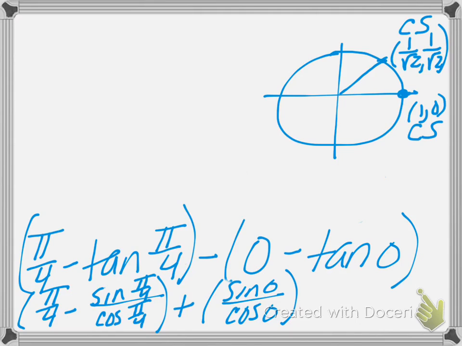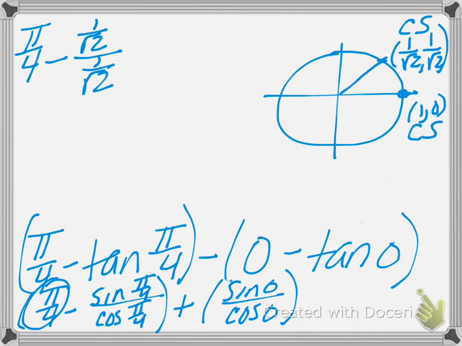Okay, and now we're just going to use our unit circle. We have pi over 4 minus, okay, sine of pi over 4 is 1 over radical 2 over cosine of pi over 4 is also 1 over radical 2, plus, now I'm going to do this thing, sine of 0 is 0, cosine of 0 is 1.